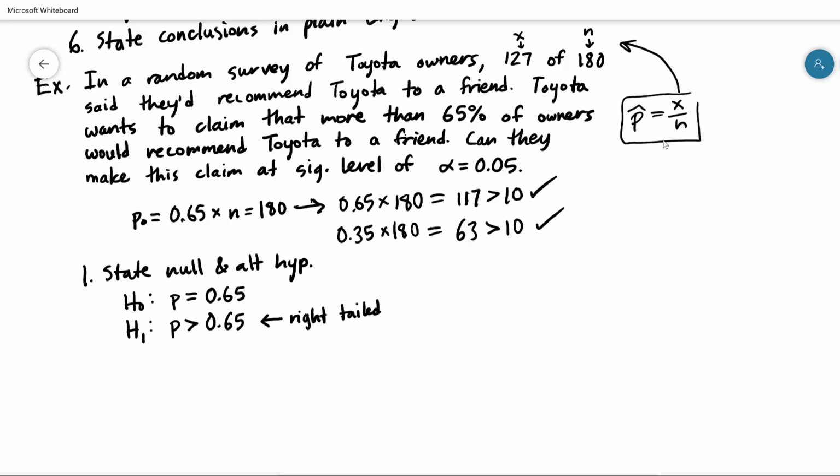We need this number to be more than 65%, because this is the evidence they're trying to use to back up their claim. If I did this ratio and found that it turned out to be only 60%, if I got 0.6, then it wouldn't make any sense for them to claim that more than 65% of owners would recommend Toyota to a friend, when their own survey showed that only 60% would.